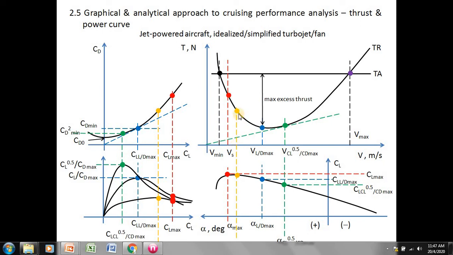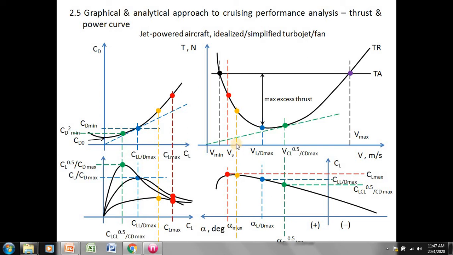Okay, there is another term, a yellow one, but not so relevant for jet-powered aircraft. That is the airspeed at CL to the power of 1.5 over CD max.